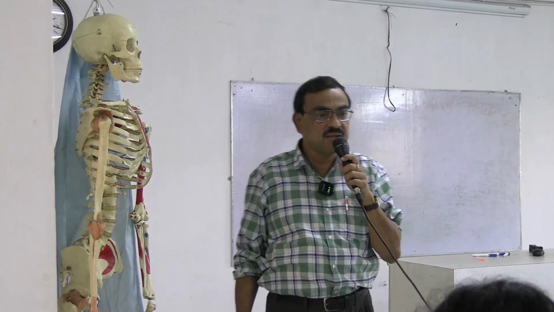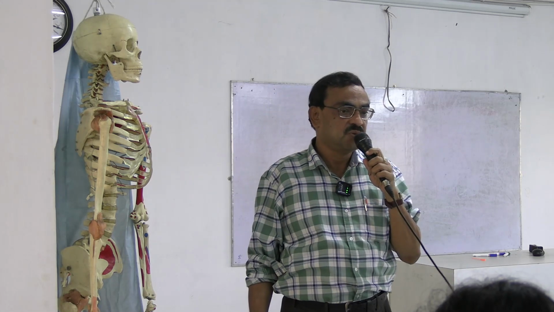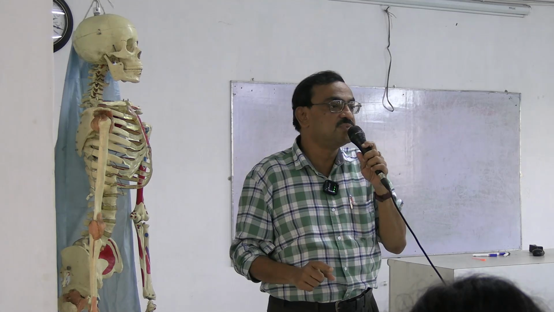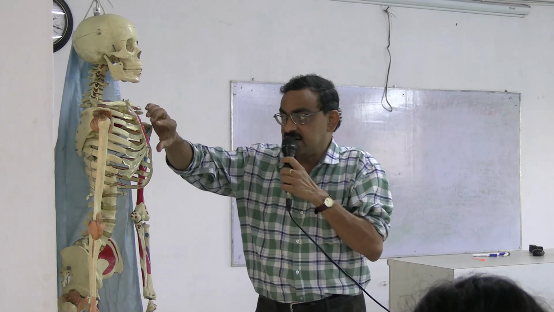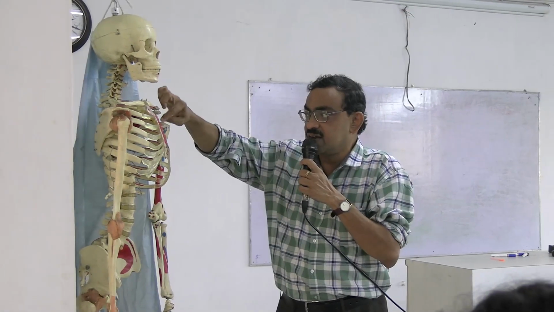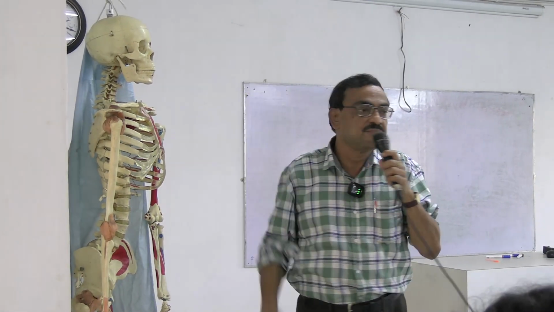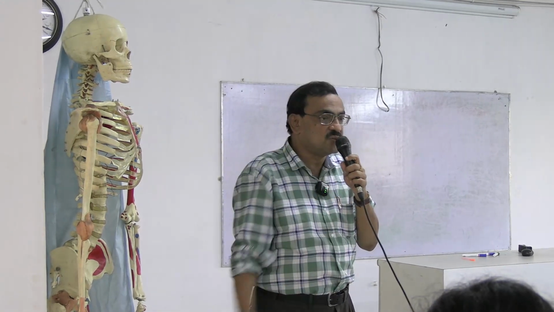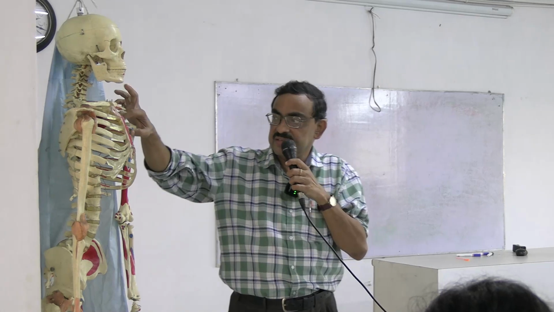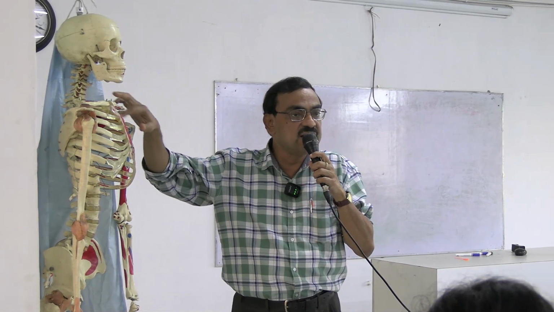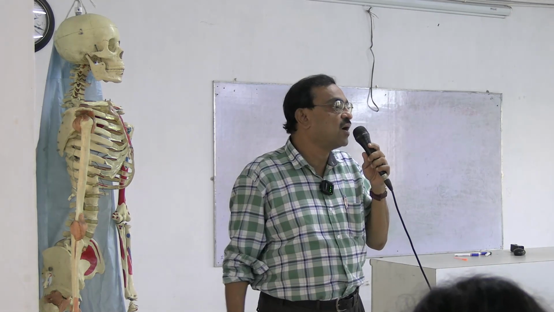Below the pectoralis major, we will get another short, triangular muscle called pectoralis minor, which takes origin from the third, fourth and fifth ribs and the costal cartilages. This triangular muscle is inserted over the anterior border of the coracoid process.